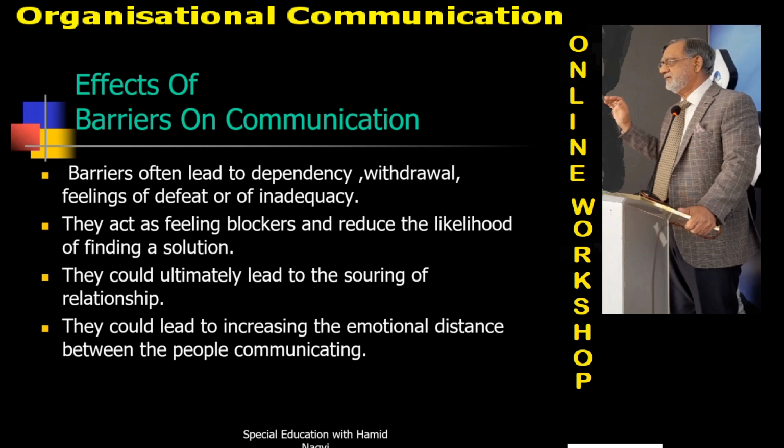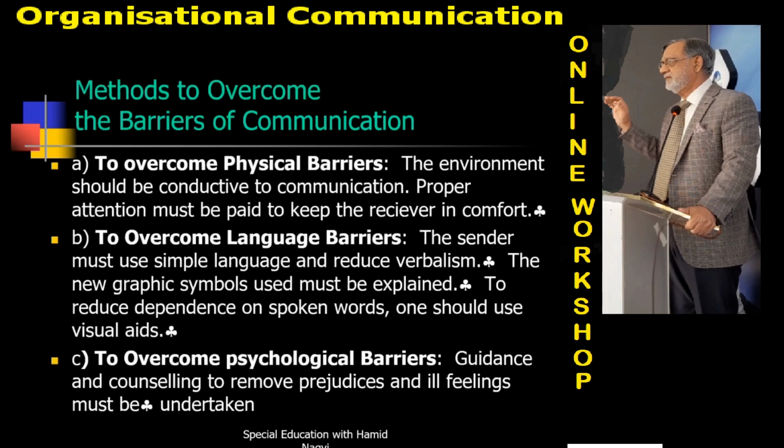And if there are barriers, they could ultimately lead to souring of the relationship. The relationship would get bitter, that would not be good for the organization. They could lead to increasing the emotional distance between the people who are communicating, and the methods to overcome these barriers of communication are narrated here in this slide.